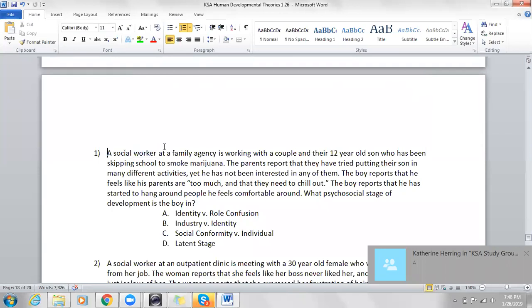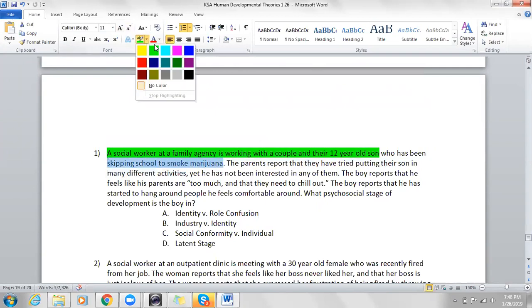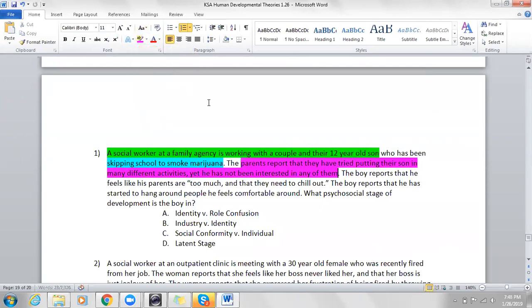So we have a social worker at a family agency working with a couple and their 12-year-old son, skipping school to smoke marijuana. Parents report they put him in many different activities and he wasn't interested. He feels like they're too much and need to chill out, and that he has people that he's comfortable around.